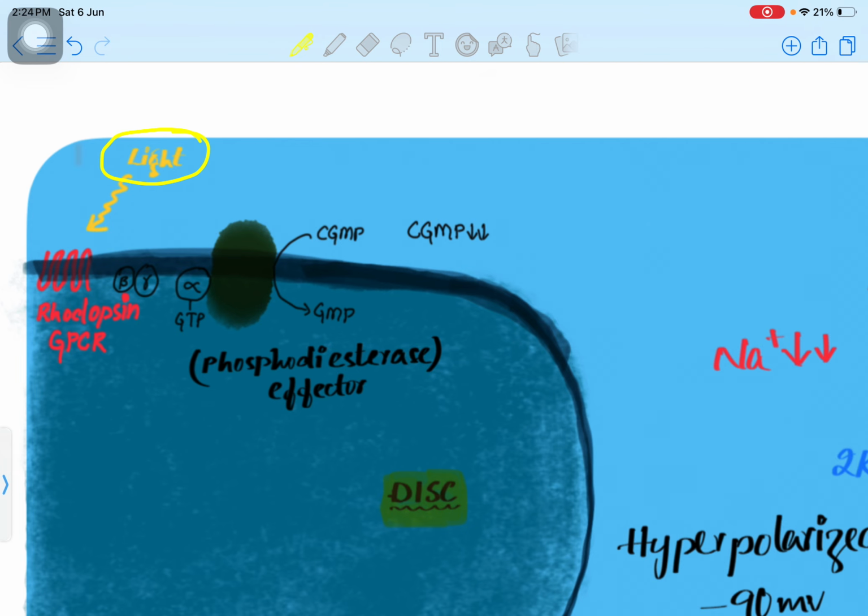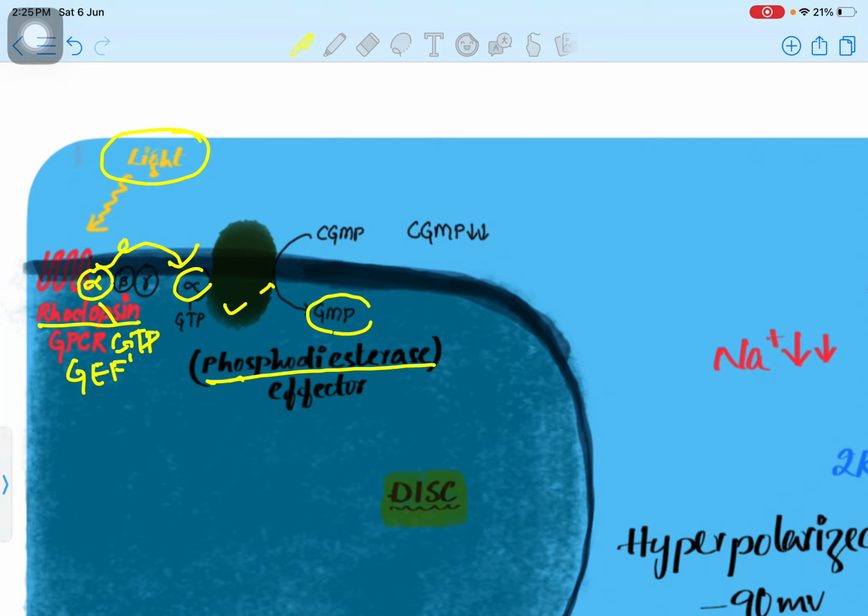Now let's see. Whenever light falls on the rhodopsin, meaning the GPCR, what will happen? We know very well, the alpha subunit will get activated, meaning GTP will get attached to it, and G protein activation happens here. This alpha will move towards the phosphodiesterase effector, and this alpha will activate phosphodiesterase and start converting cGMP into GMP. So cGMP is making GMP, and the cGMP concentration will start decreasing.